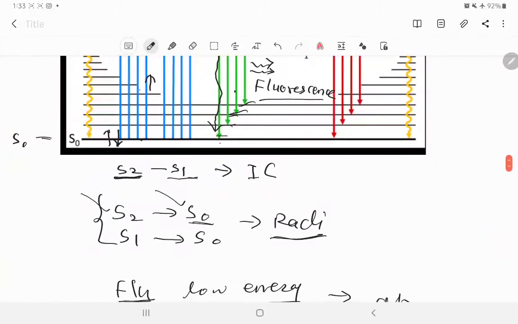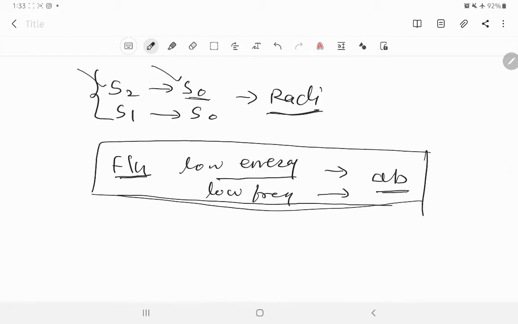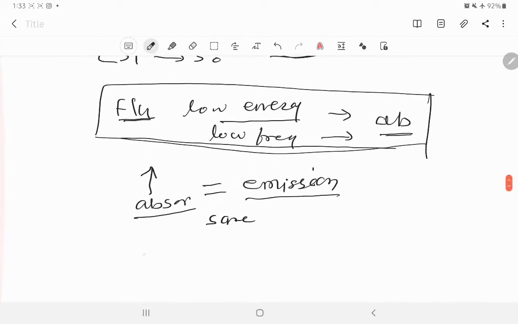This is the general case, but if the absorption frequency and the emission frequency are the same, such fluorescence is called resonance fluorescence.